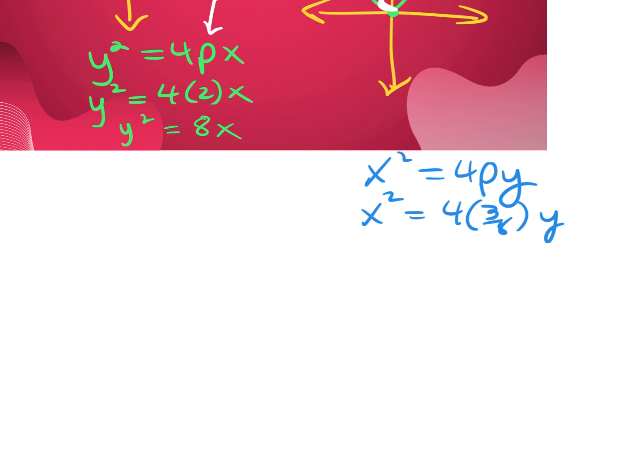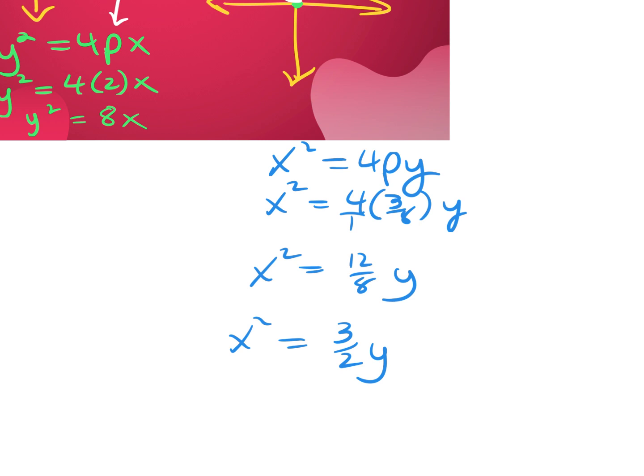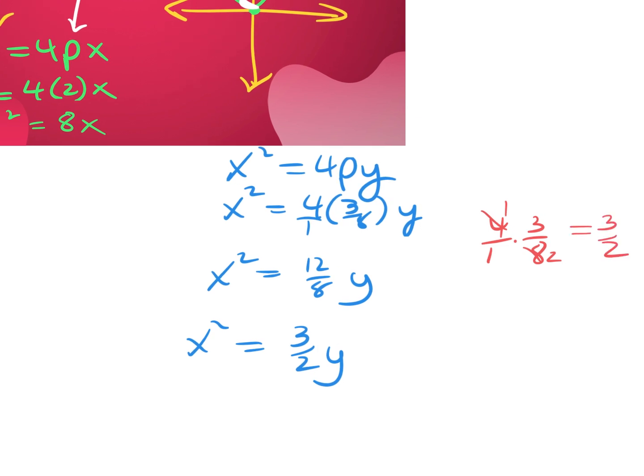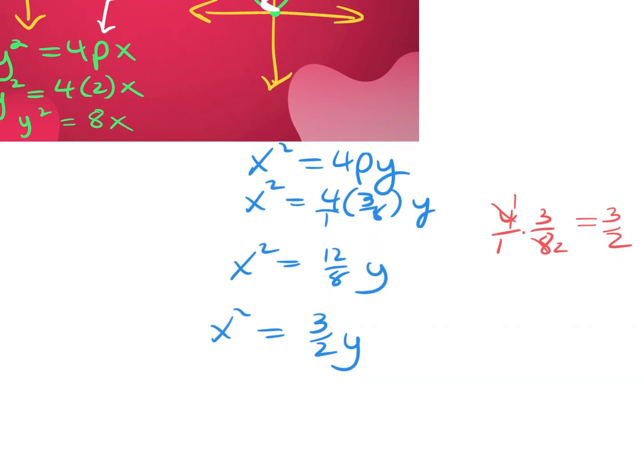Now, you can either put a 1 here and get 12/8, and then you have to go back and simplify. Or if you would have preferred, take the 4/1, simplify diagonally, and then it would have gone right to 3/2. Either way.